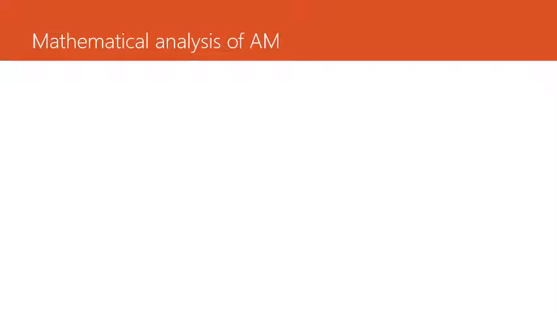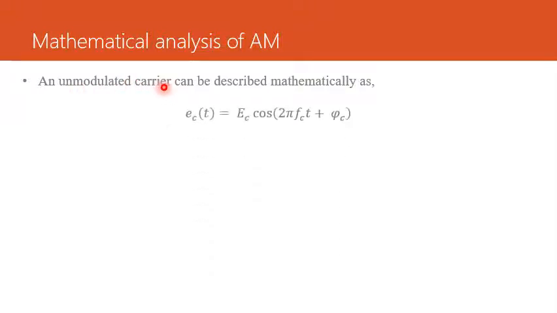In this slide we are going to analyze the amplitude modulated signal. In amplitude modulation we have two input signals. One is a high frequency unmodulated carrier, which can be described mathematically as Ec of t is equal to Ec into cos of 2 pi fc t plus phi c, where Ec represents the amplitude, fc the frequency, and phi c the phase of the carrier signal.